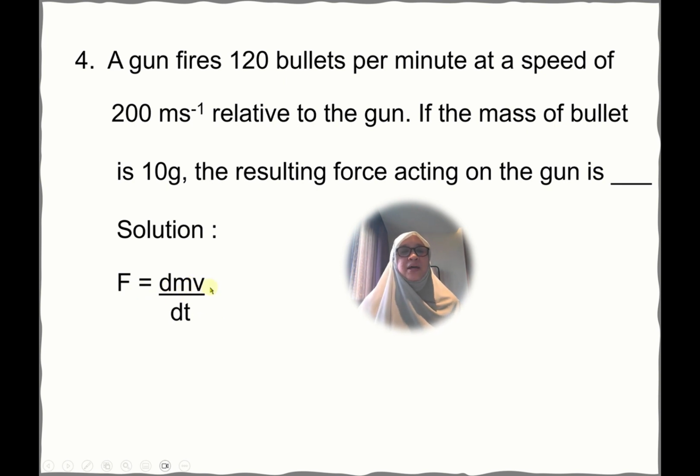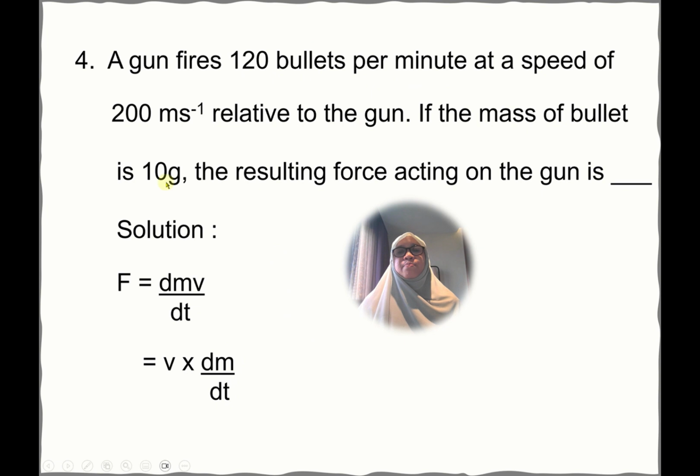So momentum is mv. V is constant, which is 200 meter per second. So the change is in the mass of the bullet, because the gun fires 120 bullets per minute. So there is a change in mass here, dm by dt.